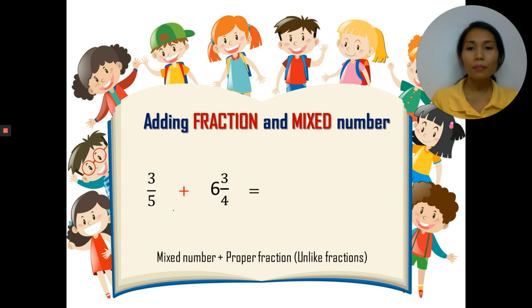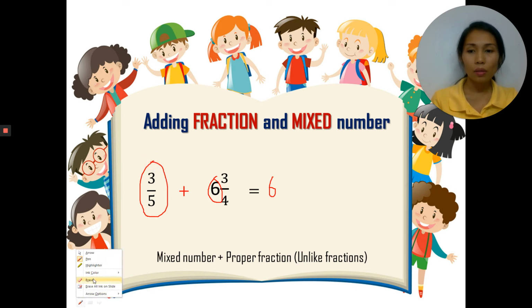In here, we have 3/5 plus 6 and 3/4. Now we have 6 as a whole number. Let's try separating 6 from the fractions. Now let's deal with 3/5 and, so you'll not be confused, I'm going to circle it, and 3/4.